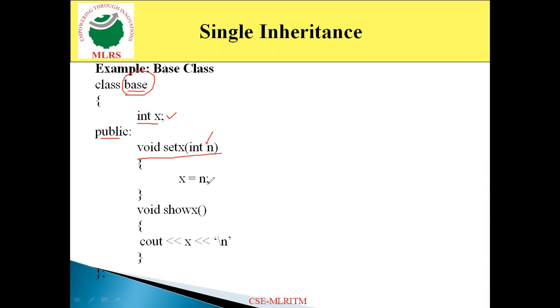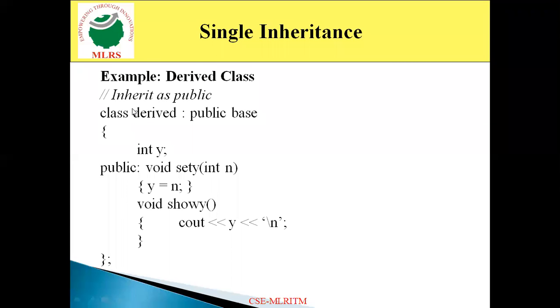In this one we simply assign the value of n to x, and we also define one more member function showx, which is meant to display the x value on the output screen. Then close the class. Then we derive a new class from this base class.